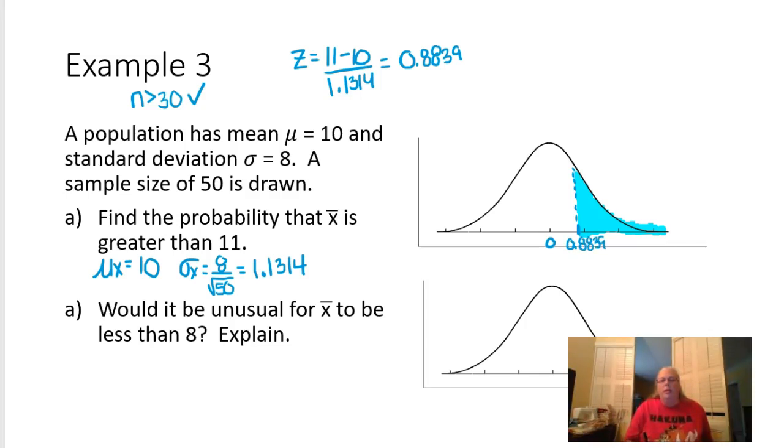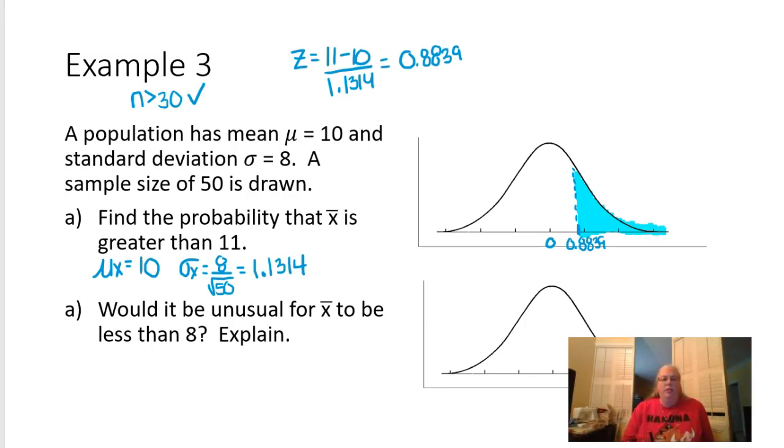Now we can put this into the graphing calculator to figure out what the area is back here on the left side. We can use table A2, or we can use the calculator over in ALEKS, because there is a way to calculate the area under the normal curve using the ALEKS calculator.